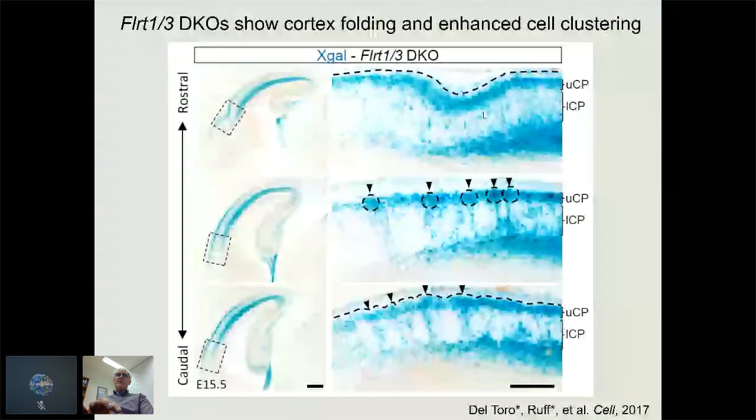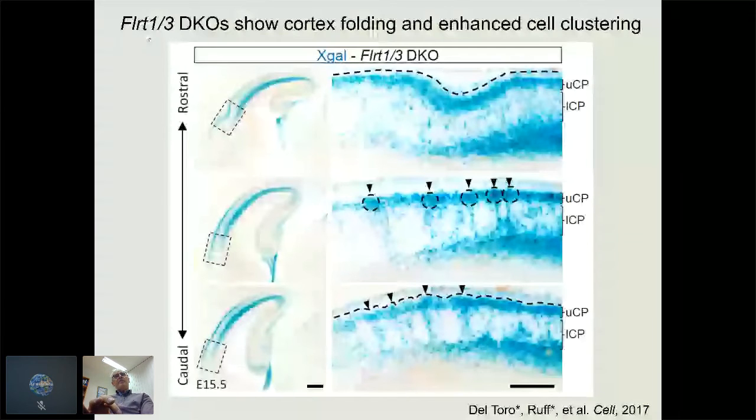Dani's interest then went in a different direction. He noticed when he looked at the expression patterns of these proteins that another FLRT protein, FLRT1, there are a total of 3, I should say, FLRT1 was always co-expressed with FLRT3. So he thought maybe the phenotype might get stronger if he knocks them both out.